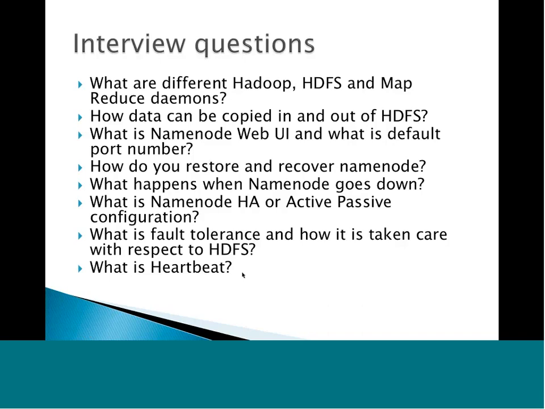Data nodes not only send heartbeats to tell that they are live, but also pass on information like how much capacity they have and how much is already occupied, so that the name node can judge on what data nodes the new incoming data should be copied.